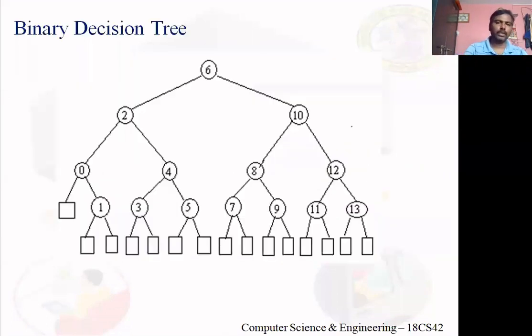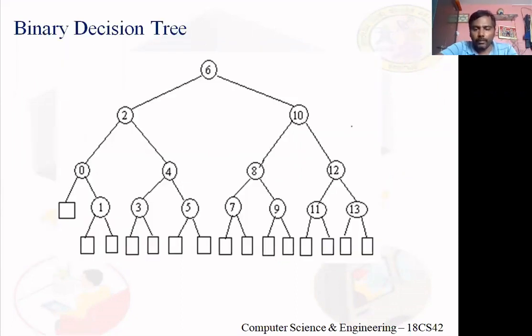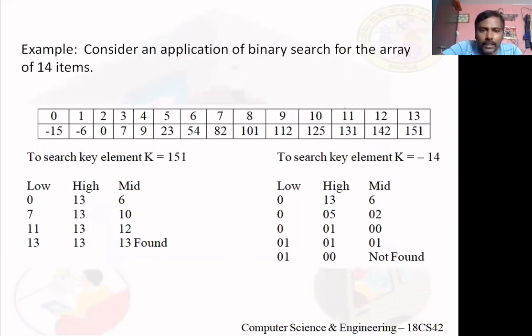Got it? So construct this decision tree. Now, suppose the element 101 is at index 8. How many comparisons are required to locate 101? Look at this binary tree. 101 is at index 8, right?